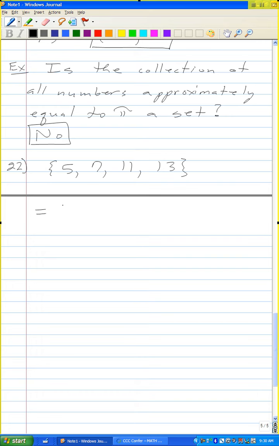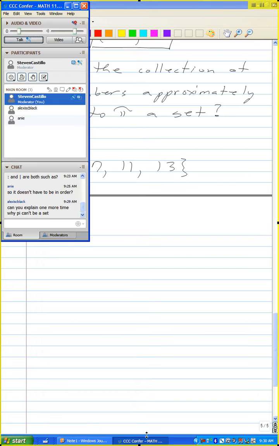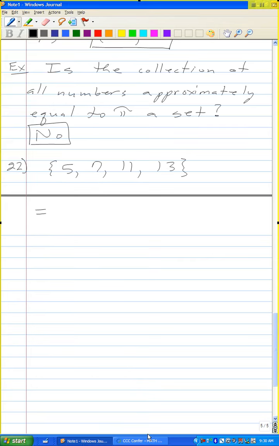And so, pi can be in the set, but the reason that this is not a set is because it is not well defined.